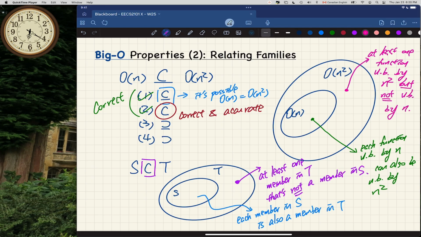Can you give me one example? N squared, yeah, I like it. That's easy. For example, n squared, also n log n, something like that.